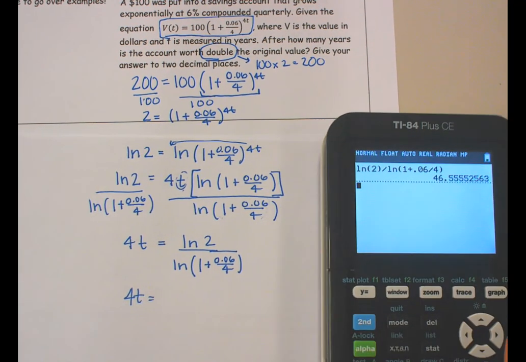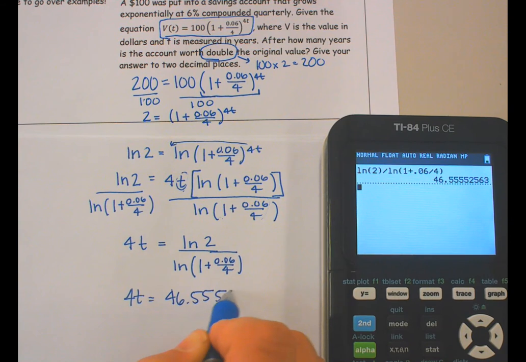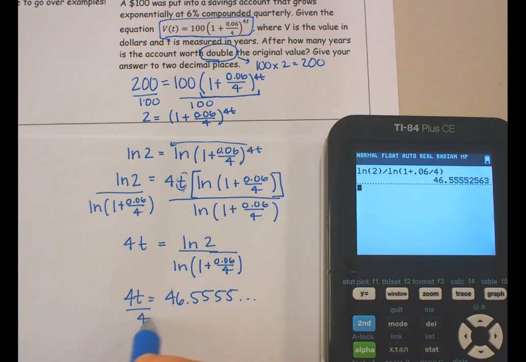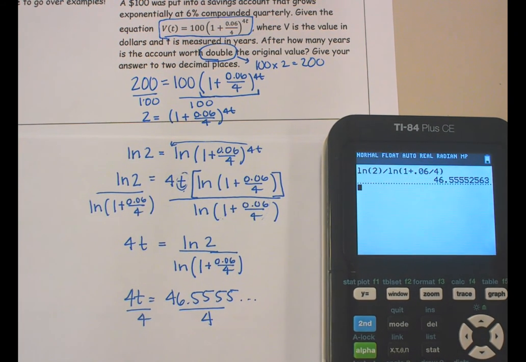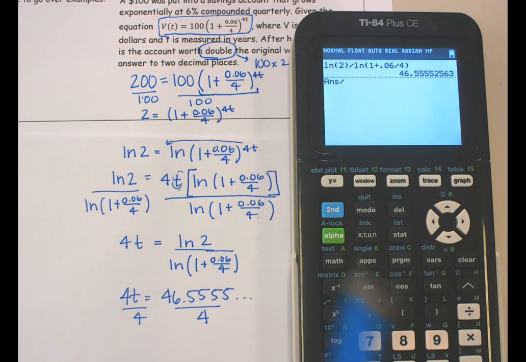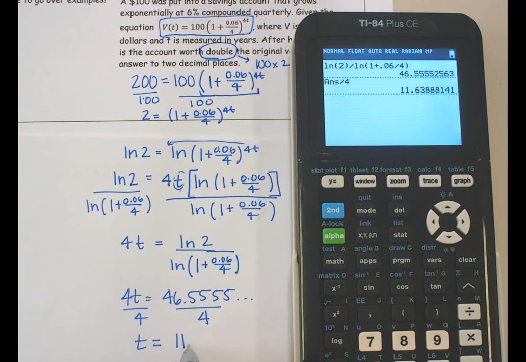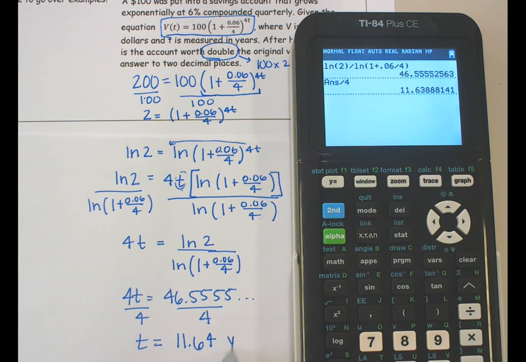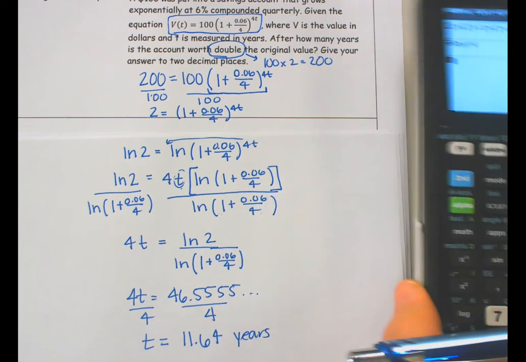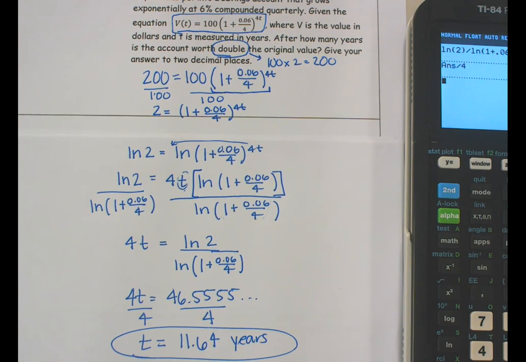And so from that, I really want to divide both sides by 4. So I'm going to take this answer and hit divide by answer. So this divided by 4. And so I get t equals 11.64 years. So it will take 11.64 years for my amount to double.